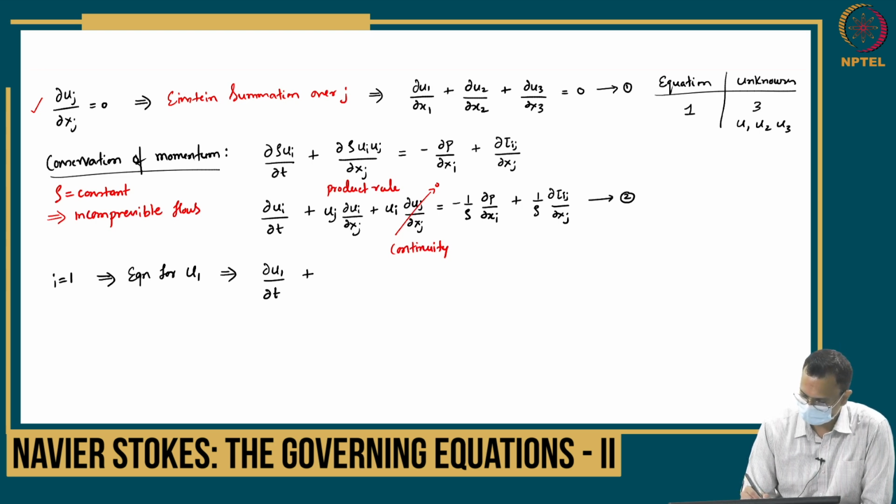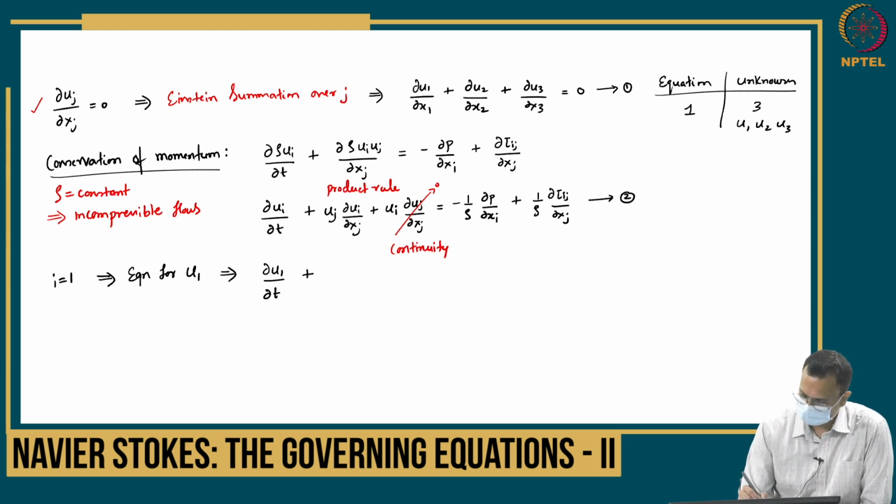But i should not be changed, i is the free index here. I can take value 1, 2 or 3. So i equal to 1 means u1 velocity component, looking into the momentum along the x1 direction, and therefore j is the summation part.